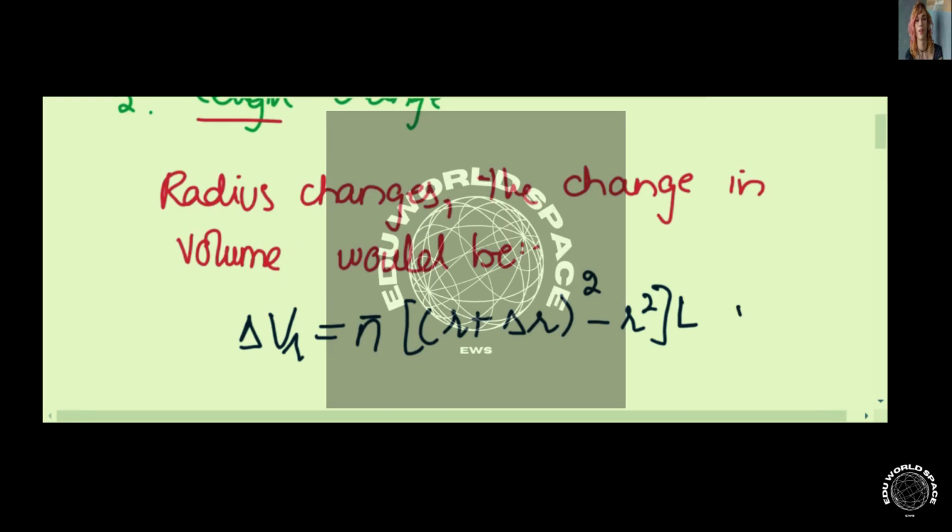So this is the change in the volume if the radius increases.